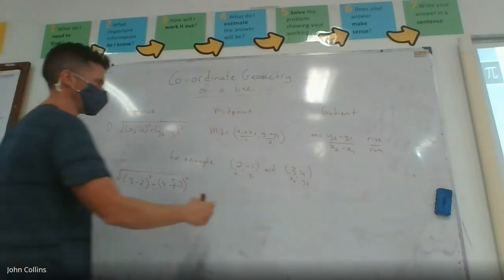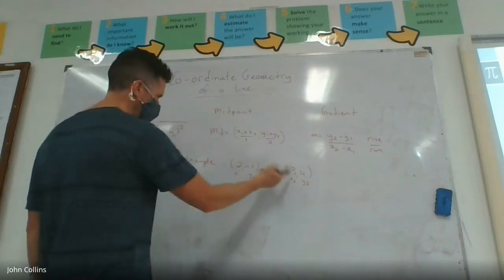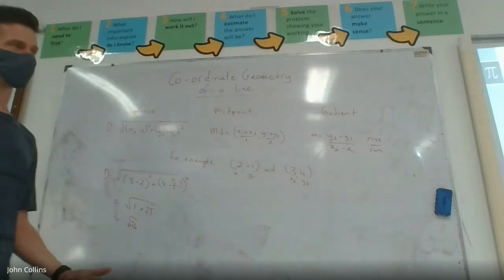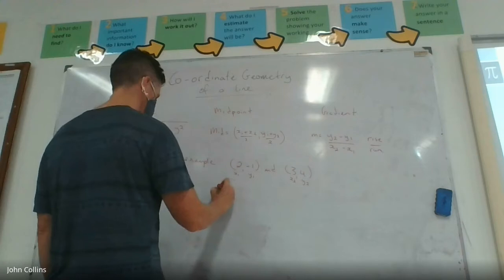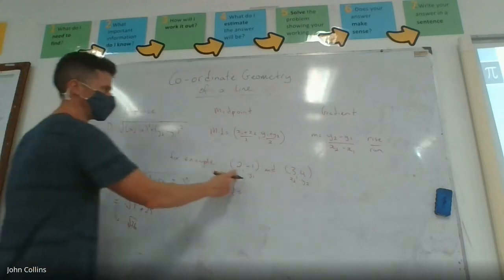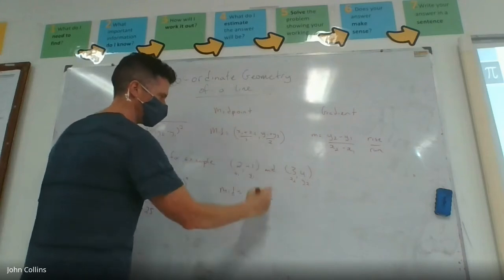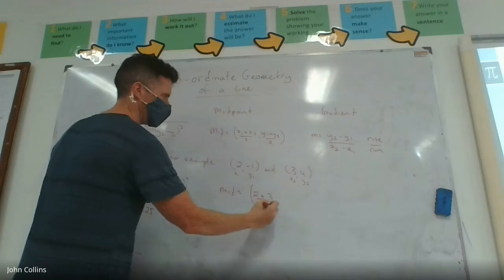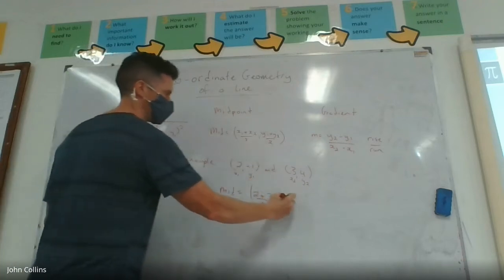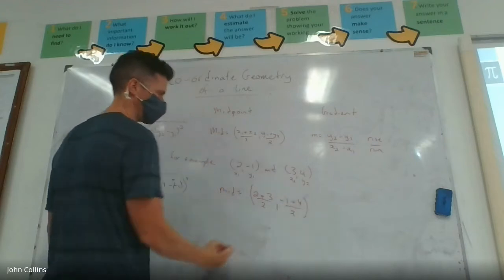Midpoint then, find the average. You could do this one in your head. I already know halfway between 2 and 3 is probably 2.5, but let's do it out using the formula. Midpoint, x1 plus x2, so that's 2 plus 3, divided by 2. y1 plus y2 divided by 2.